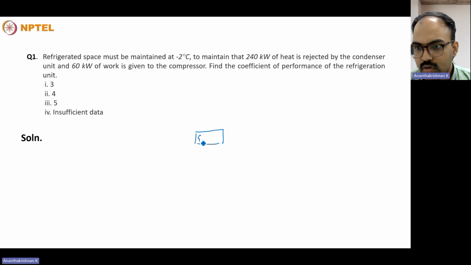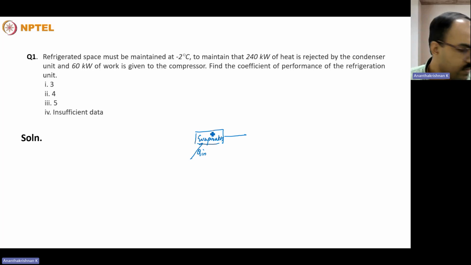In this case, there's a conditioned space called an evaporator or a refrigerator space, which is at -2 degrees Celsius, which takes in heat from ambient temperature, which will be higher than the evaporator temperature. The evaporator consists of a heat exchanger with a refrigerant, which will be in a phase change state.